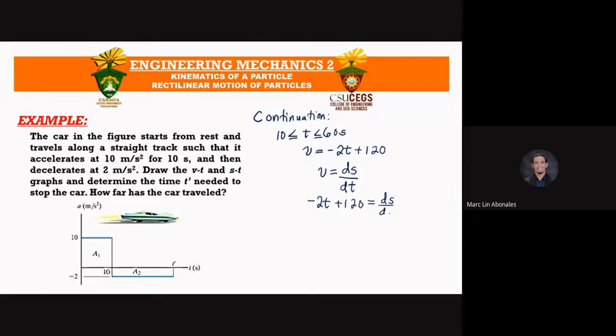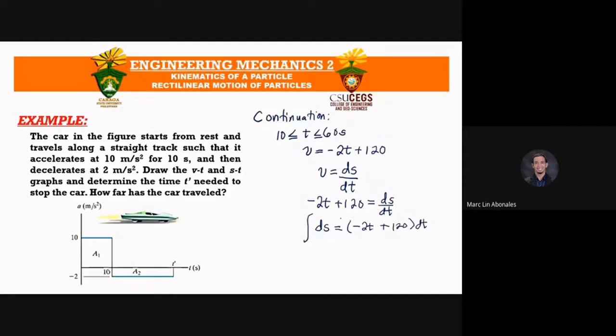Then you cross multiply, ds is equal to negative 2t plus 120 dt. So you integrate both sides.